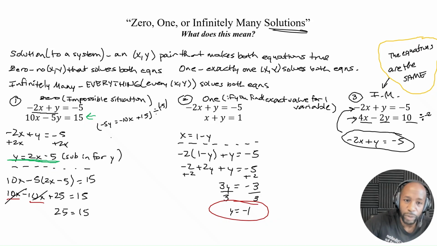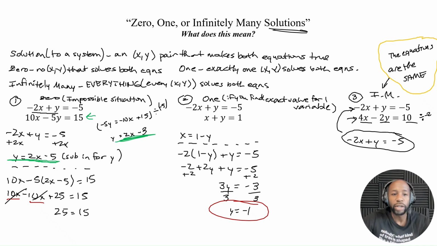Negative 5y equals negative 10x plus 15. Okay, yes. And then y equals 2x minus 3. Look at these. y equals 2x minus 5, y equals 2x minus 3.